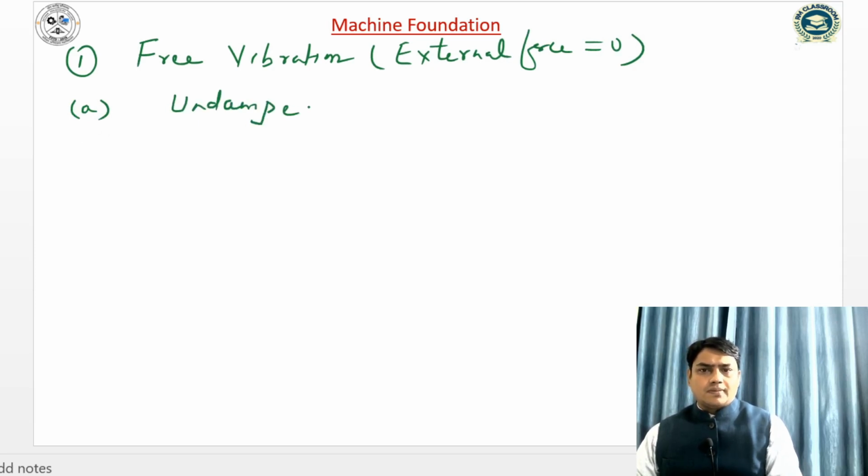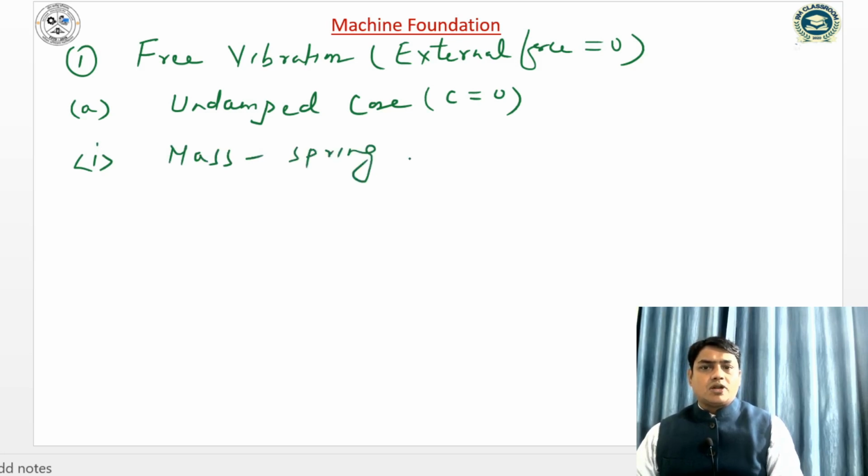Undamped case means there will be no damping, so our damping constant is zero in this case. Mass spring model.